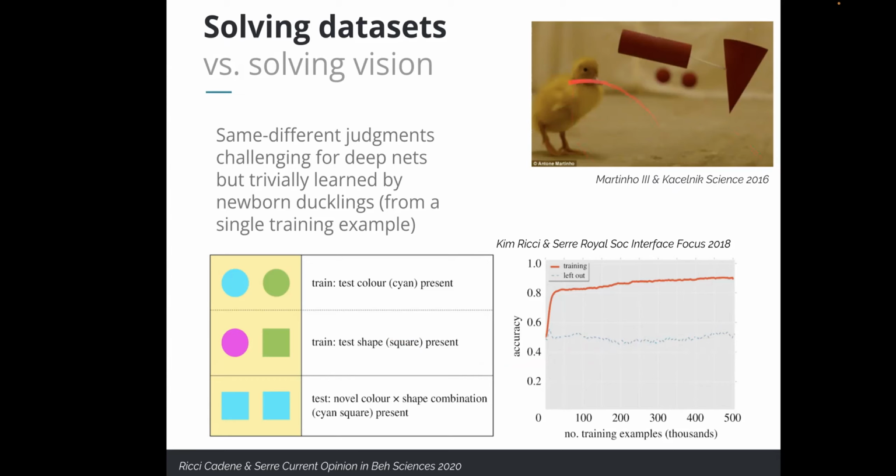What I showed here as an illustration is a study published in Science a few years ago, where they showed that they could take completely newborn ducklings and use what is called imprinting, which is a natural response of the animal.